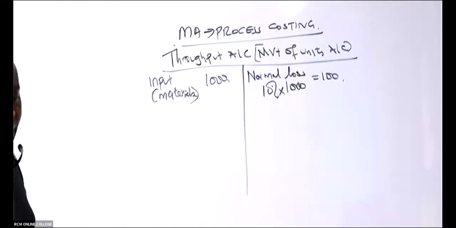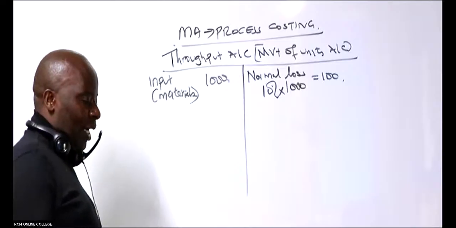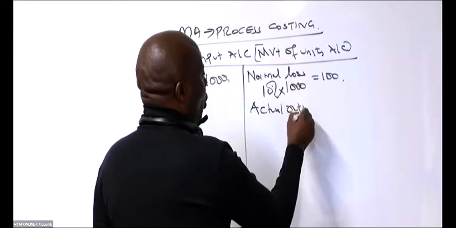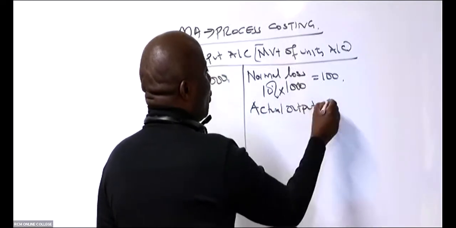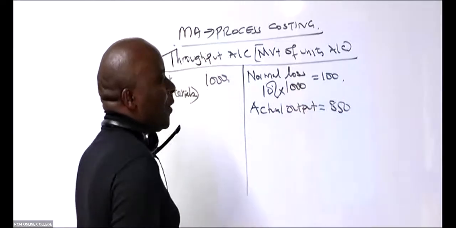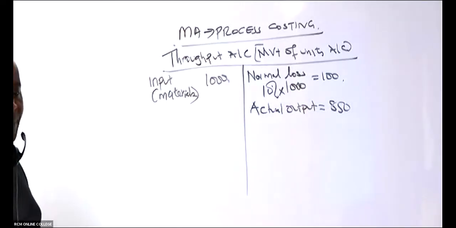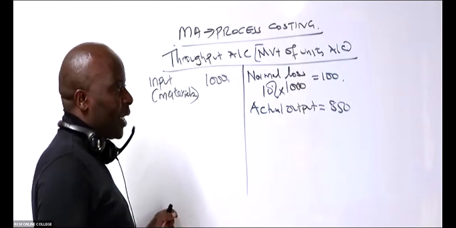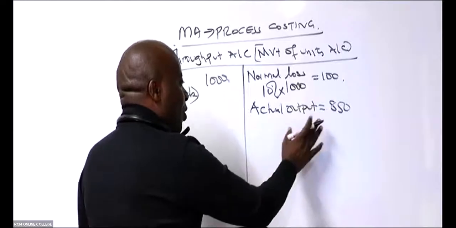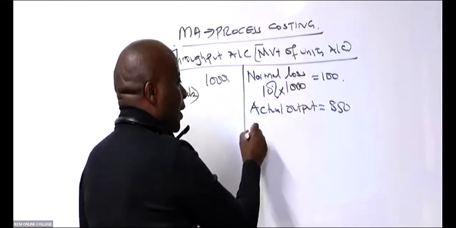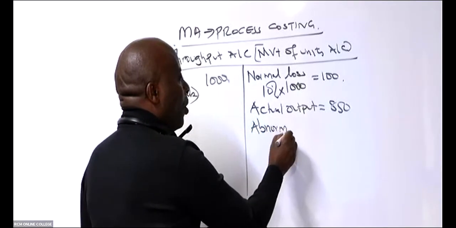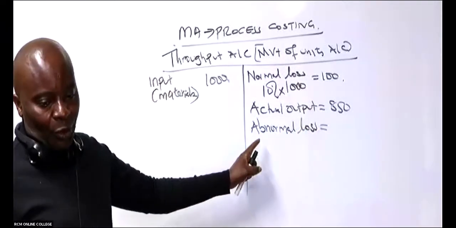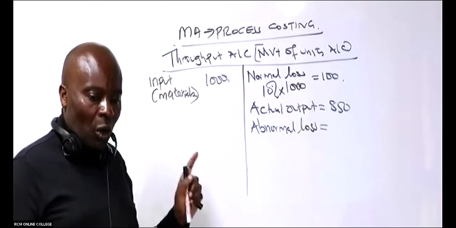And then, in the same question, they have given us the actual output, a figure of 850. So now I should be able to balance this account. If the balancing figure goes to the credit side, we call it an abnormal loss.